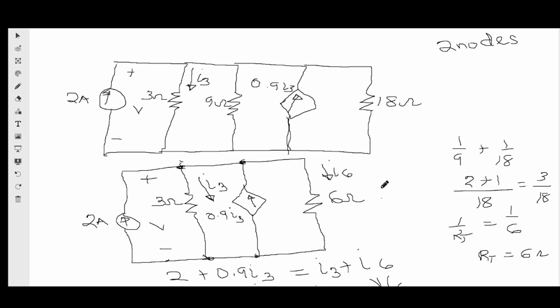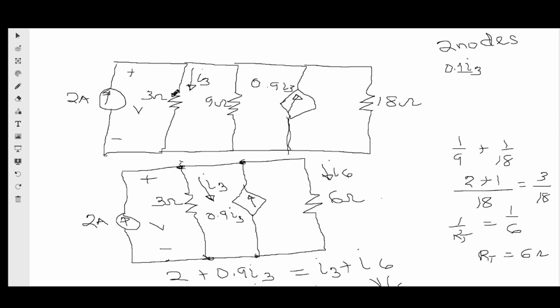So let us simplify that. I3 minus 0.9 I3 will be 0.1 I3, right? And remember that V can be gotten in terms of I3, right?